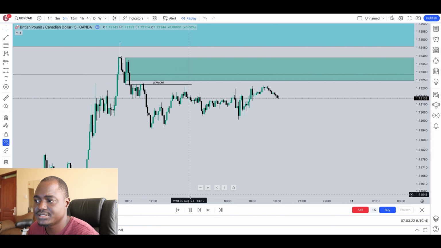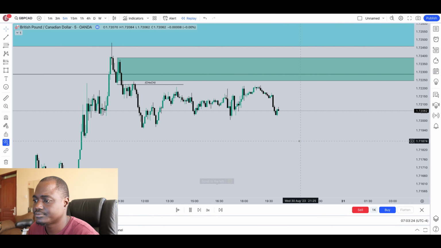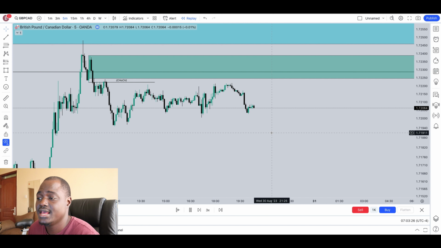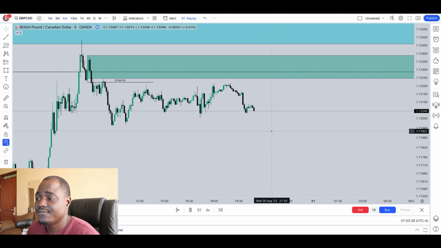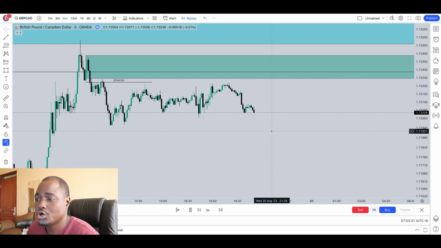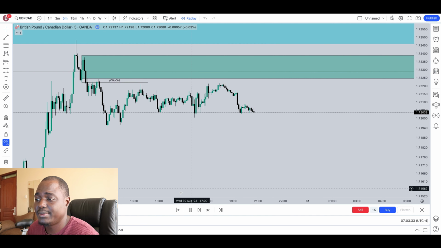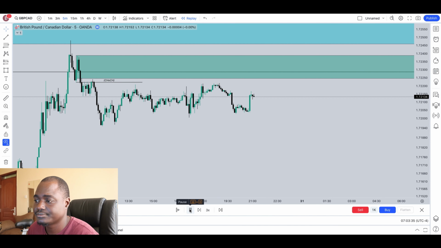You have to be super patient to see the market play out. The idea is to see the market either respect that fair value gap or that order block. Both of them play hand in hand.